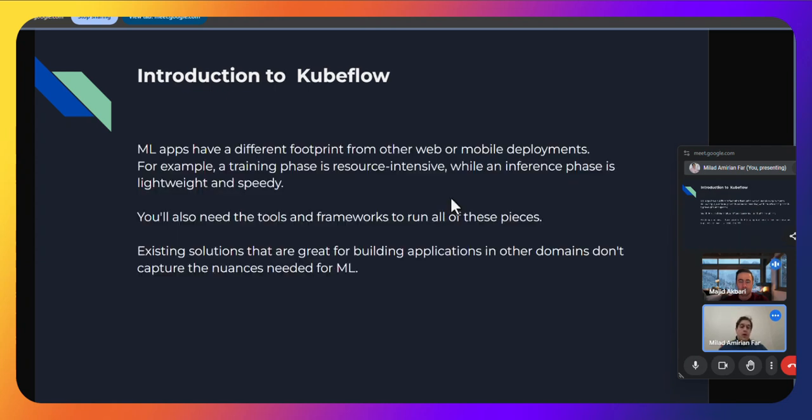Besides that, each step has its own hardware infrastructure, and we have to have software to manage all of these. For example, as I wrote here, a training phase is resource intensive, while an inference phase is lightweight and speedy. So we need to adjust the requirements, especially the hardware, for every step.